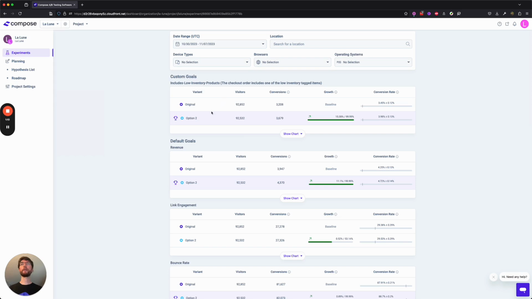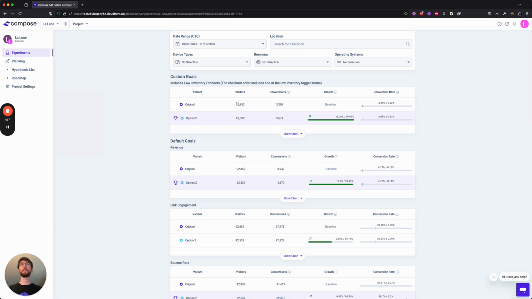If we start with this first custom goal though, just to break down the columns here and what all these numbers mean, we have which variant we're looking at. So the original is our variant that doesn't show any low inventory messaging. We have our option 2, which is our variant that does show that low inventory messaging on those specific products.